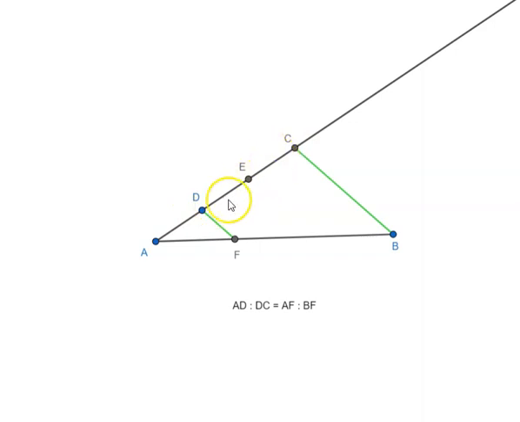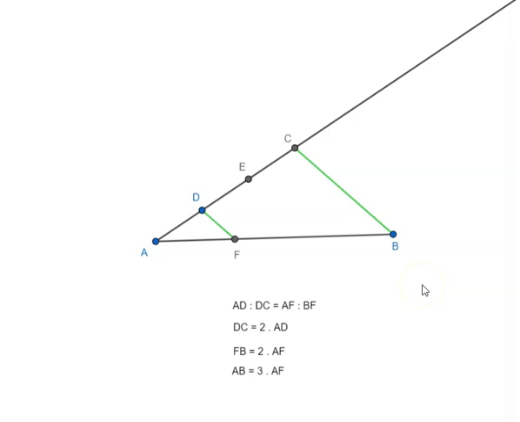So DC is equal to 2 times AD, which means FB is equal to 2 times AF, which means AB is 3 times AF. Or in other words, AF is a third of AB, which is what we needed. So AF is the required part of AB.